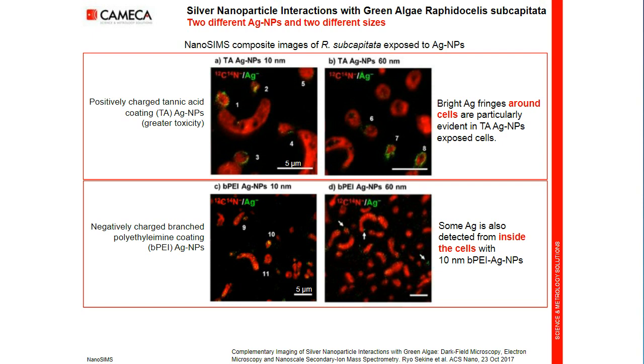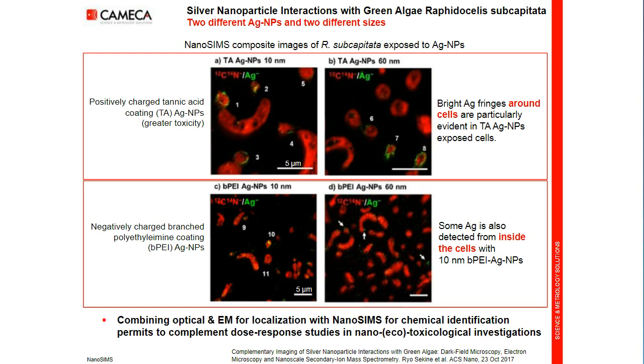So in general conclusion, it's quite useful to combine optical microscopy for live cells, scanning electron microscopy for localization and metrology, dimensions, and NanoSIMS for the chemical identification. And this combination permits to complement dose response studies in nano-ecotoxicological investigations.